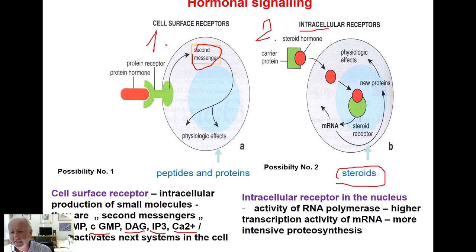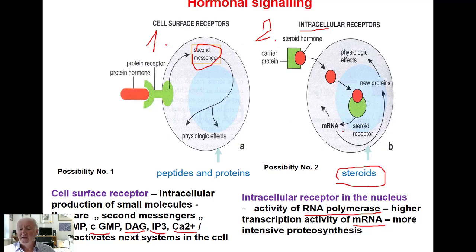When the hormone is attached to this receptor, it activates, for example, the enzyme polymerase, and we can see more activated transcription in the nucleus. We have a bigger amount of messenger RNA, and messenger RNA comes out from the nucleus into the cytoplasm.